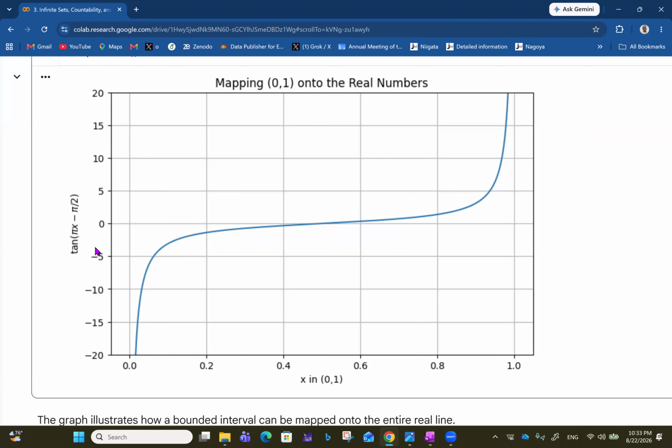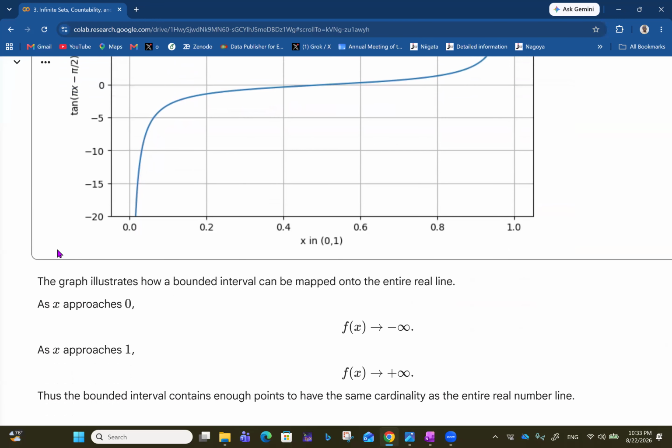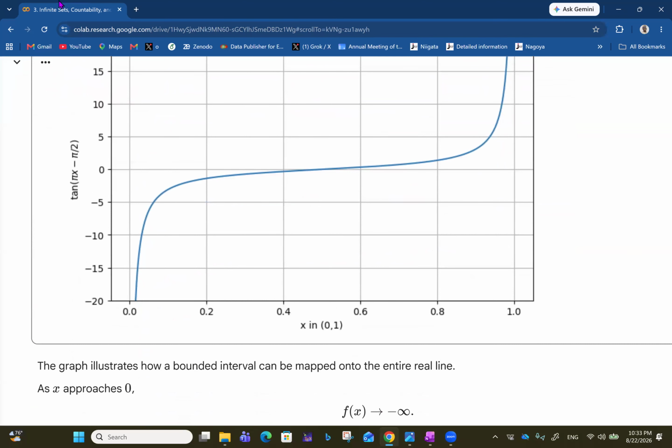On one side, you have values from minus 20 to 20, and on the other side, you have x from 0 to 1, and you see the mapping of (0, 1) onto the real numbers. So the graph illustrates how a bounded interval can be mapped onto the entire real line. It can continue up and down, so it's the whole real line that way.